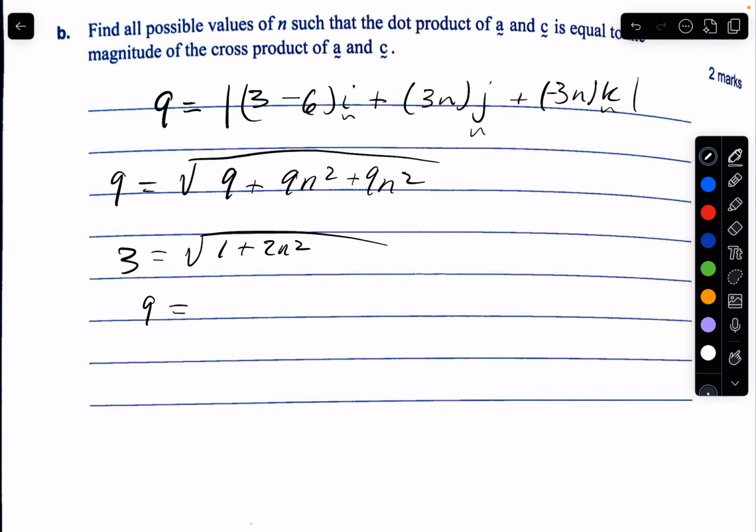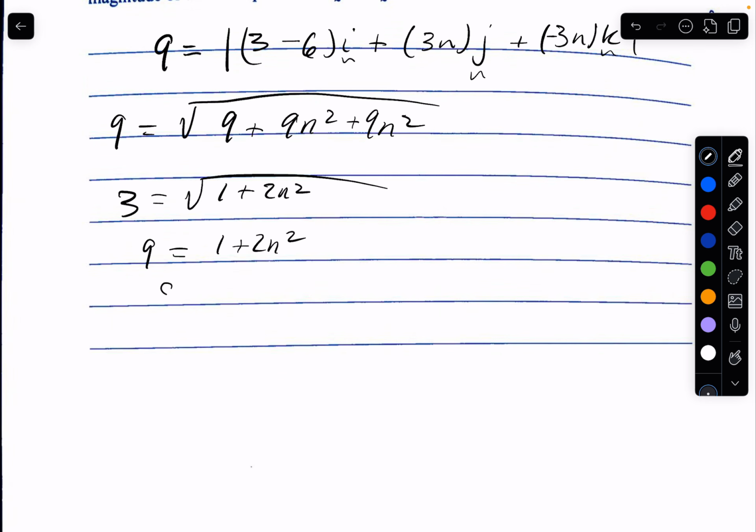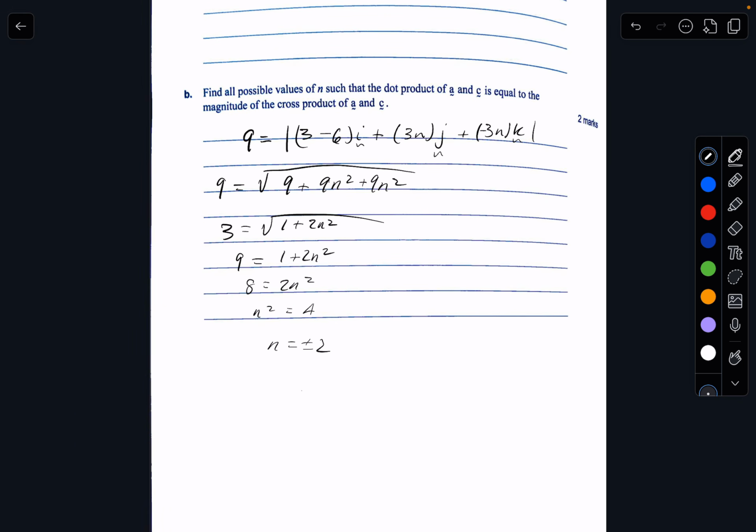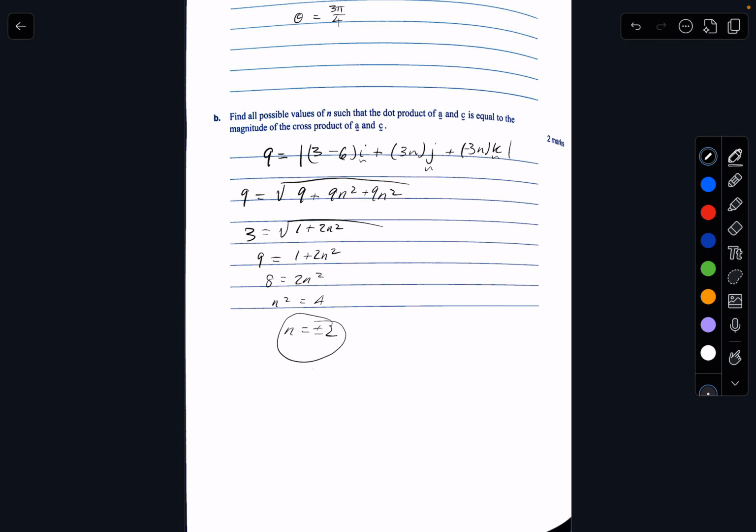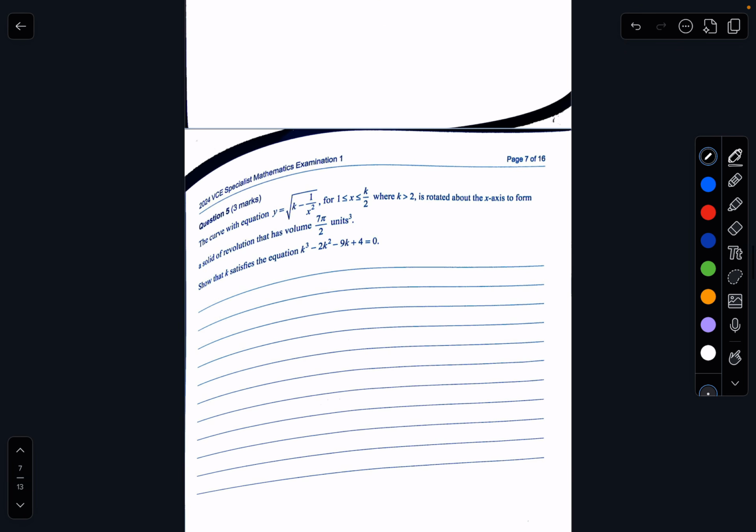And 9 is equal to 1 plus 2n squared. 8 is equal to 2n squared. n squared is equal to 4. Does it say values? Possible values. Alright, I think that's it.